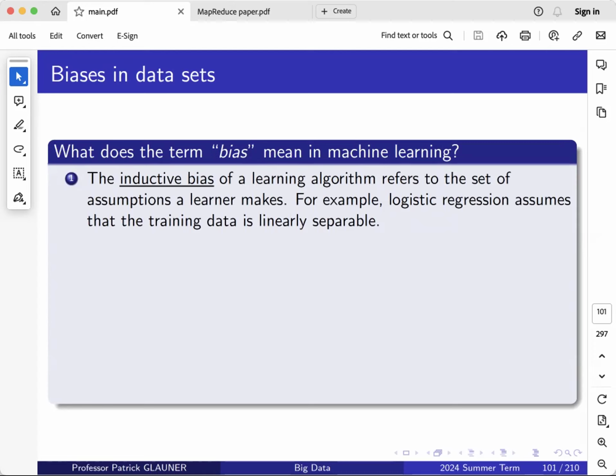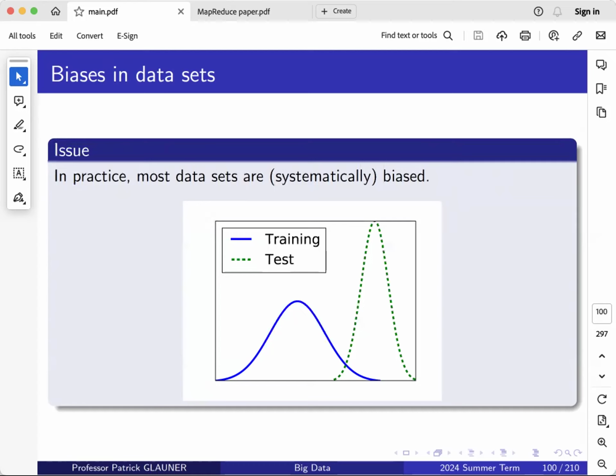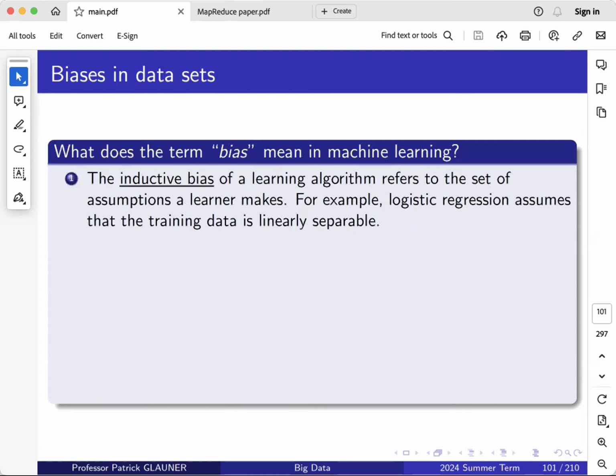When we talk about bias, I actually noticed that the term bias may mean many, many different things in machine learning. Bias would mean that the distributions of our training and test or production sets are different, but there are totally other occurrences of the term bias.